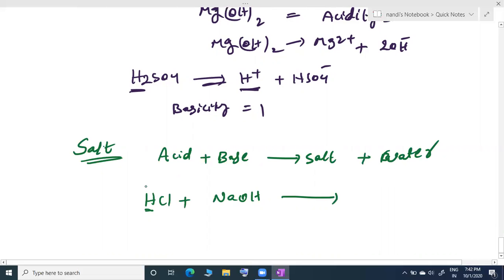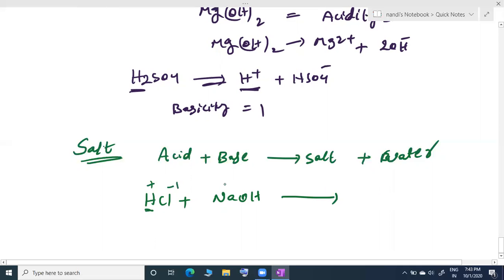First we write the signs. Positive, negative, can you write? H plus Cl minus. Complete the reaction. So you can write it as H plus. Always think that the starting one is positive character, the next one is negative character.